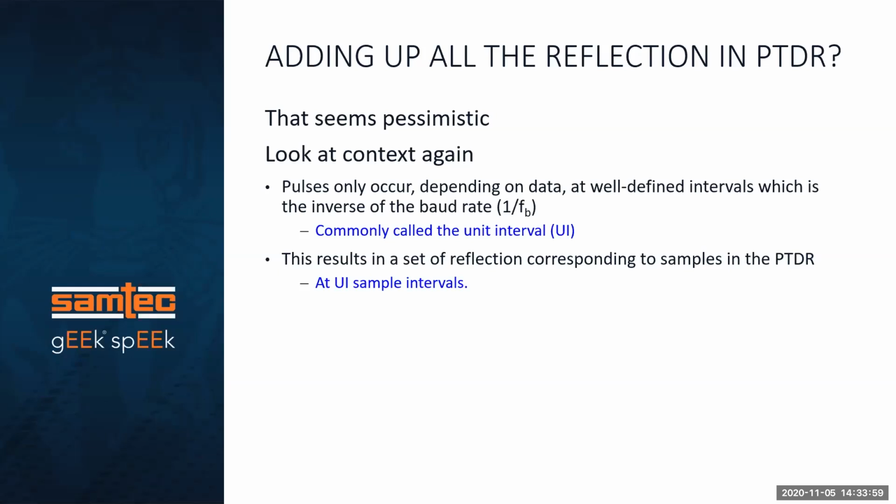When we sample the PTDR, we end up with a sample PTDR, and that's what we actually operate on. We don't operate on the waveform itself. We start to use samples, as you would do in a device, because devices are typically only sampled once per UI. Moving forward, next slide.